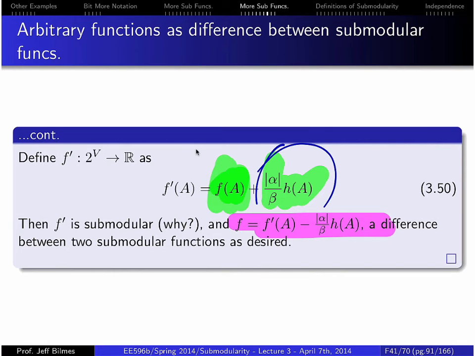Think about the derivative. You've got a negative derivative, which is finite, plus a positive derivative, which is finite and bigger in magnitude, which makes the sum of the two increasing. And it's the same idea. Here, all we're doing is making sure that we're adding a function that is strong enough in its submodular inequality to dominate the violation of the submodular inequality by f.